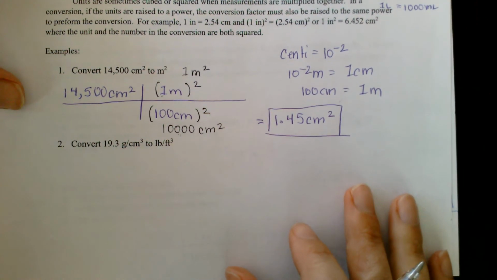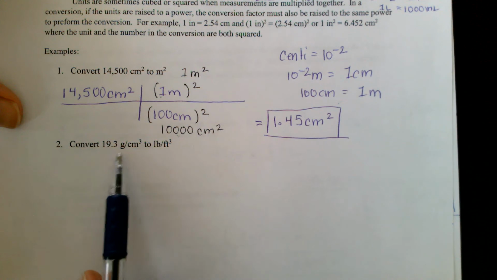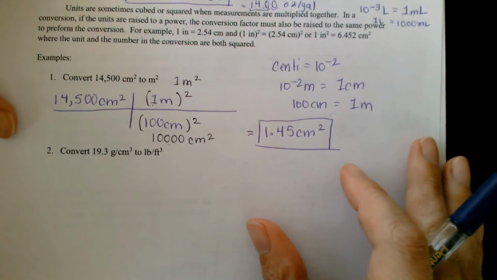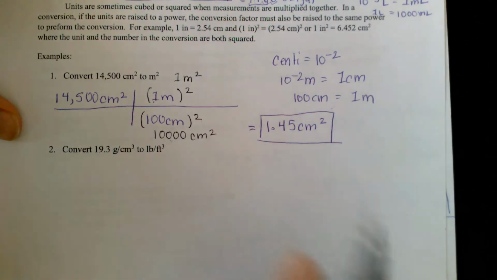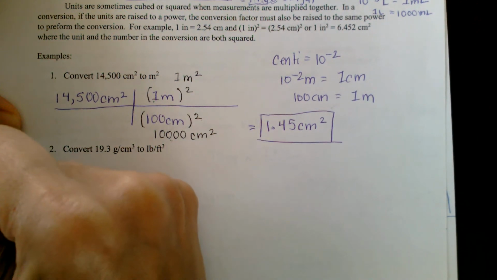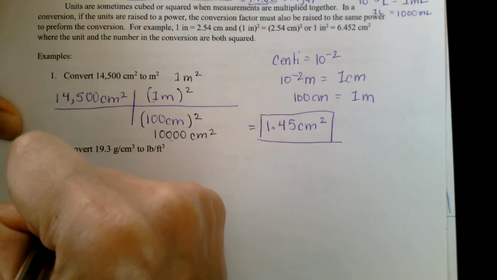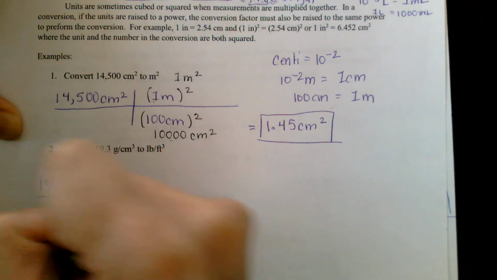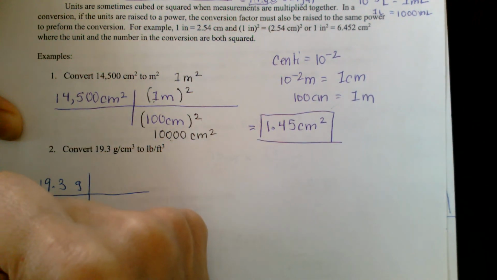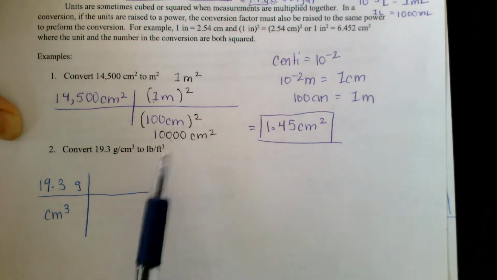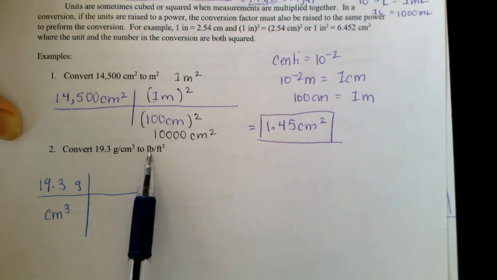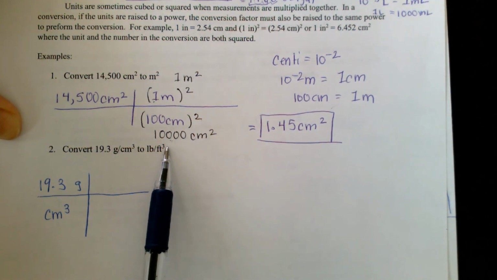So we're converting 19.3 grams per centimeter cubed to pounds per feet cubed. So we have 19.3 grams, and that's per centimeters cubed. And we want to convert that to pounds per feet cubed.